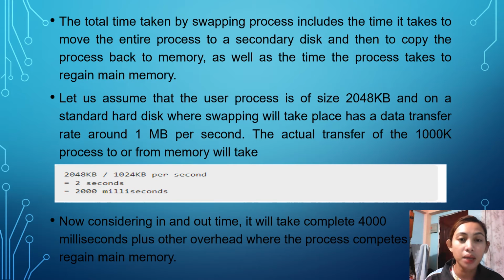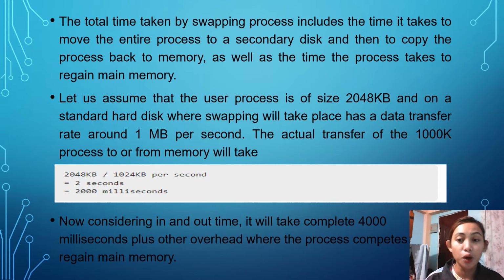The total time taken by the swapping process includes the time it takes to move the entire process to secondary disk and then to copy the process back to memory, as well as the time the process takes to regain main memory. Let us assume that the user process is of size 2048 KB and the standard hard disk where swapping will take place has a data transfer rate of around 1 MB per second.